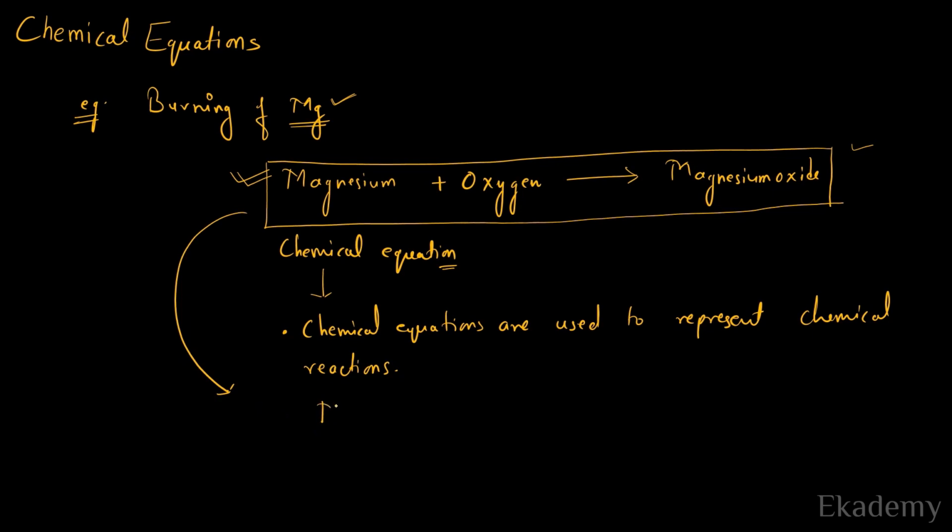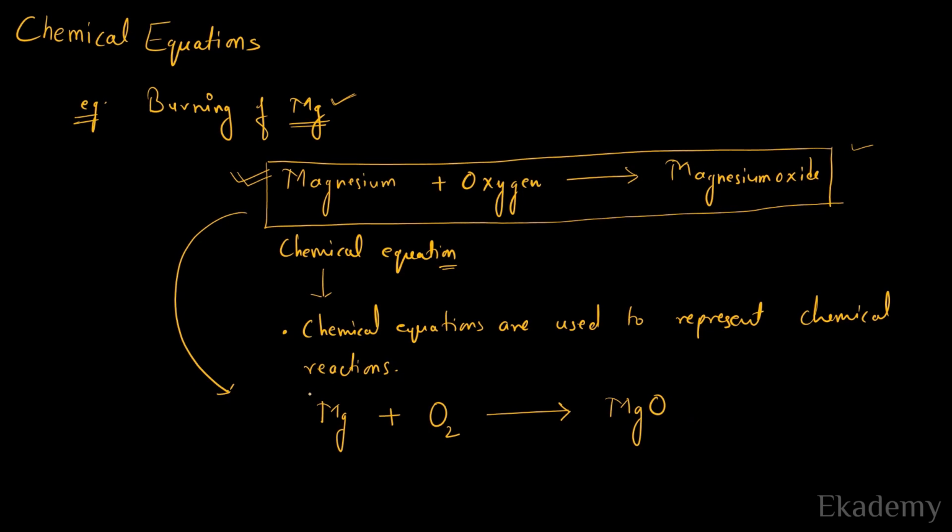For example, the symbol of magnesium is Mg, oxygen gas is O2, and when they combine, they form magnesium oxide, which is MgO, right?